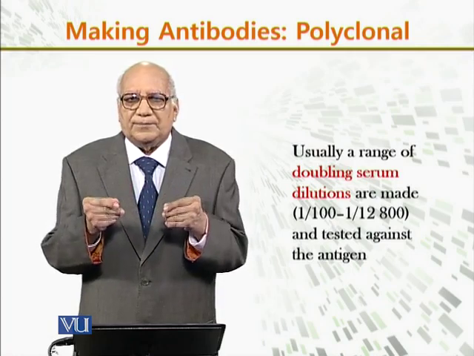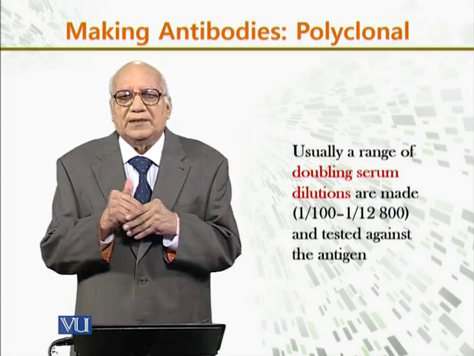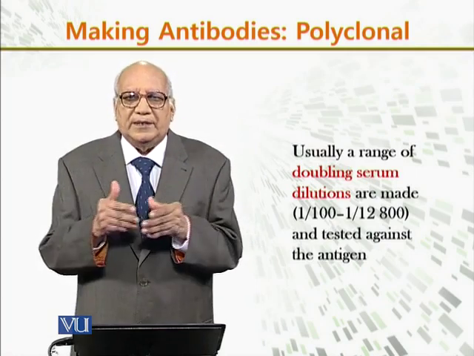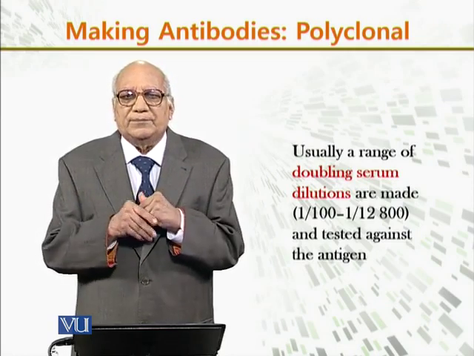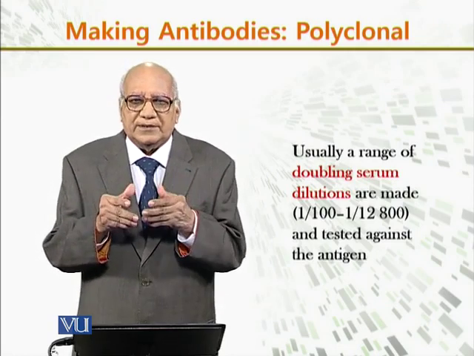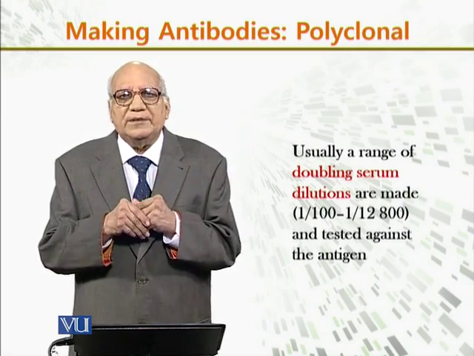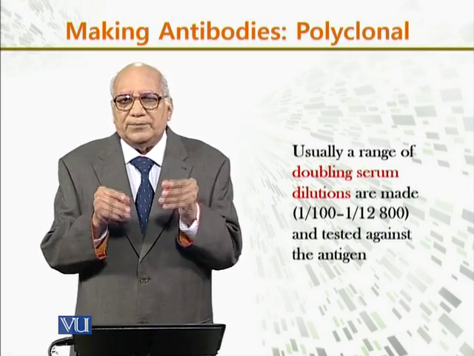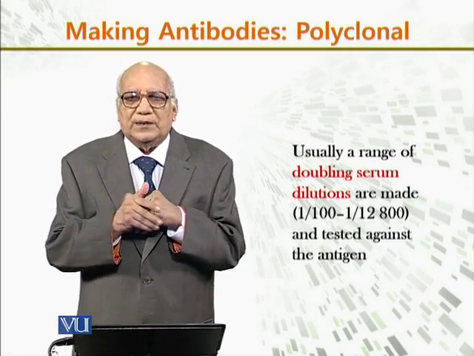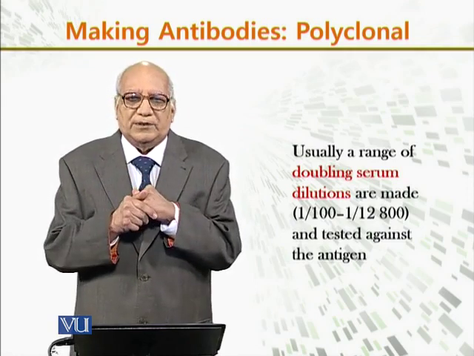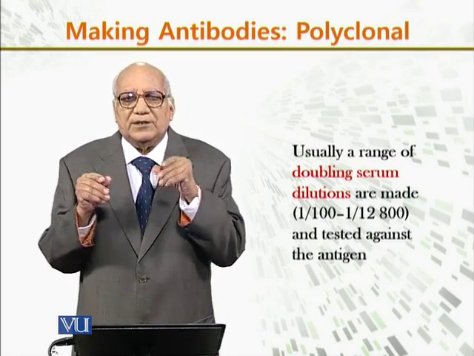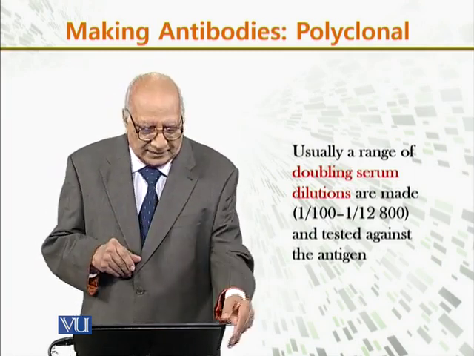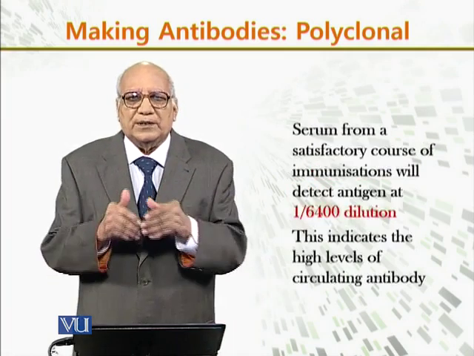When we are using the antibodies, their concentration is determined, and a range of doubling serum dilutions is made, that is, 1 over 100 dilution, or it is further diluted to 1 over 800 times, 12,800 times, which is extremely diluted, and again tested against the antigen to which we are using it.